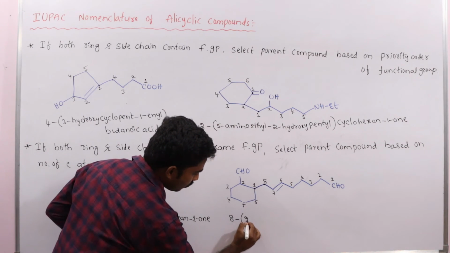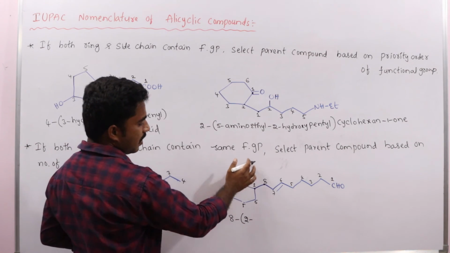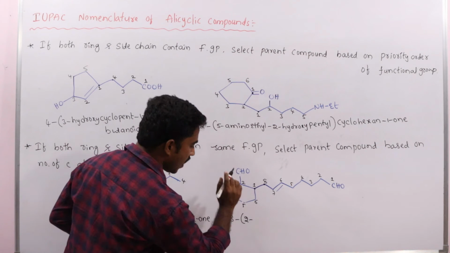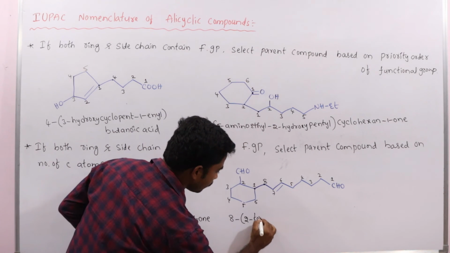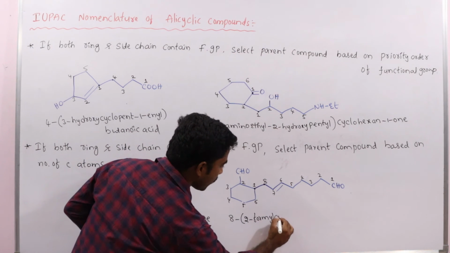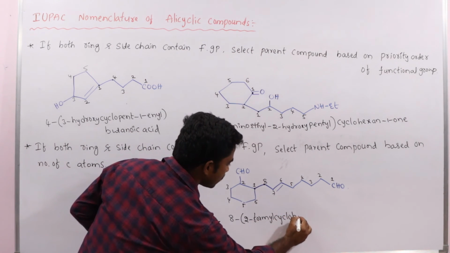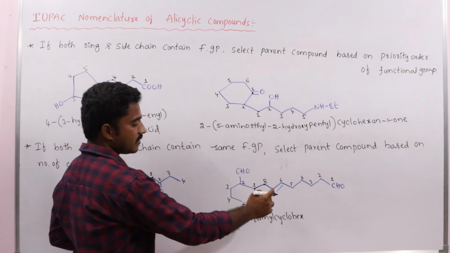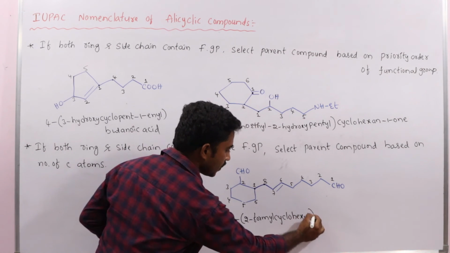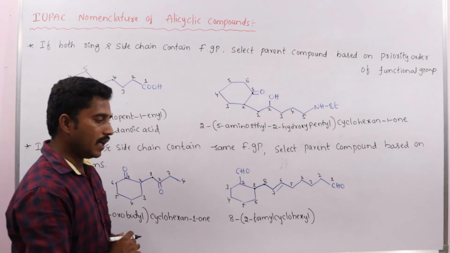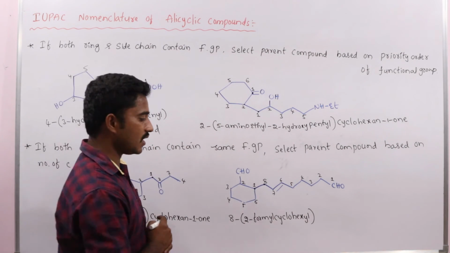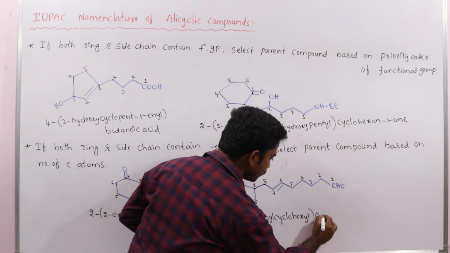Okay, 2-formyl, because for CHO the prefix is formyl. 2-formylcyclohex, okay, the cyclohexane ring is there, that's why cyclohexyl, bracket close. In the parent chain, how many carbons are there? 8 carbons, that's why the root word is oct.